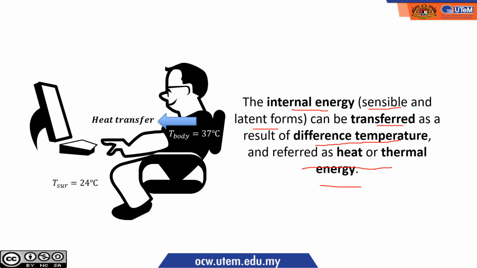For example, our body is at 37 degrees Celsius, then the heat can be transferred to the surrounding if the surrounding is at lower temperature, or the room temperature is about 24 degrees Celsius. But our body's heat is not big enough, so it is difficult for the room to reach equilibrium state.